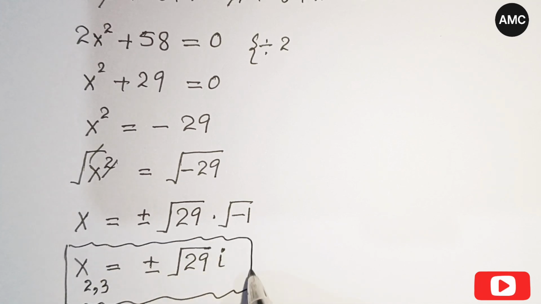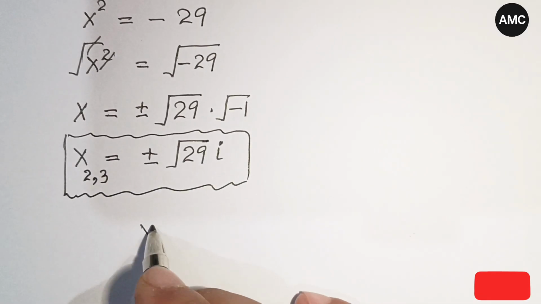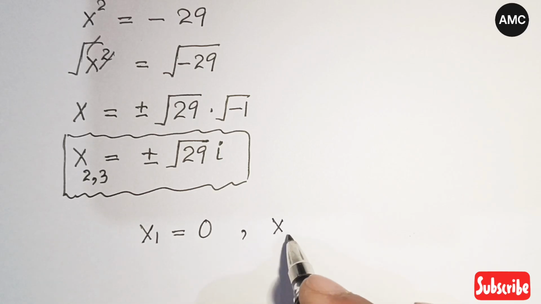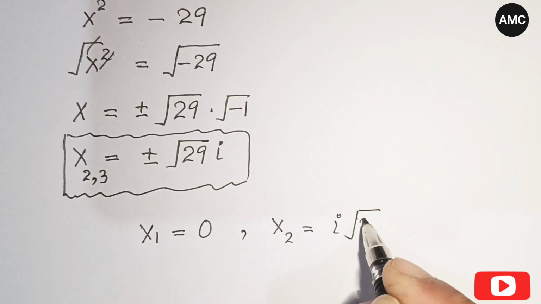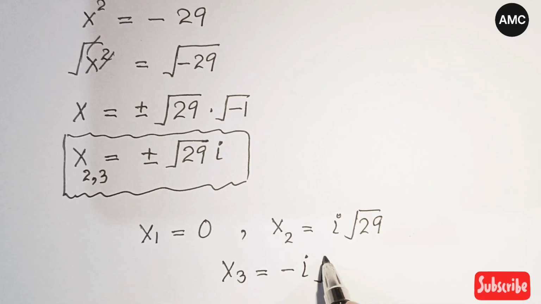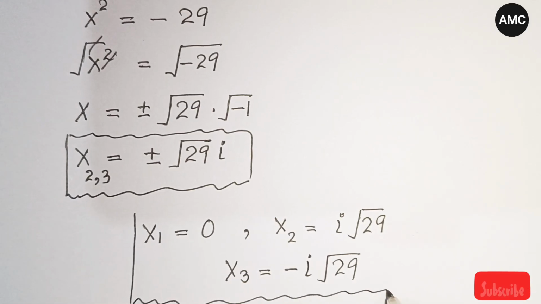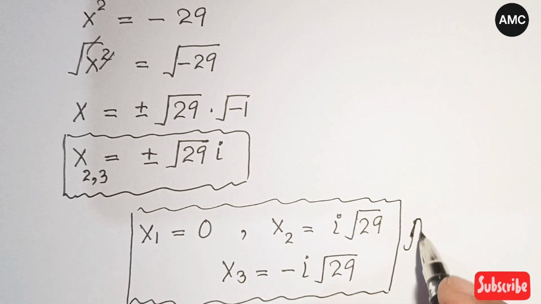So here we have three values of x: x1 is 0, x2 is positive i times square root of 29, and x3 is negative i times square root of 29. So these are our final values of x, which is our final answer.